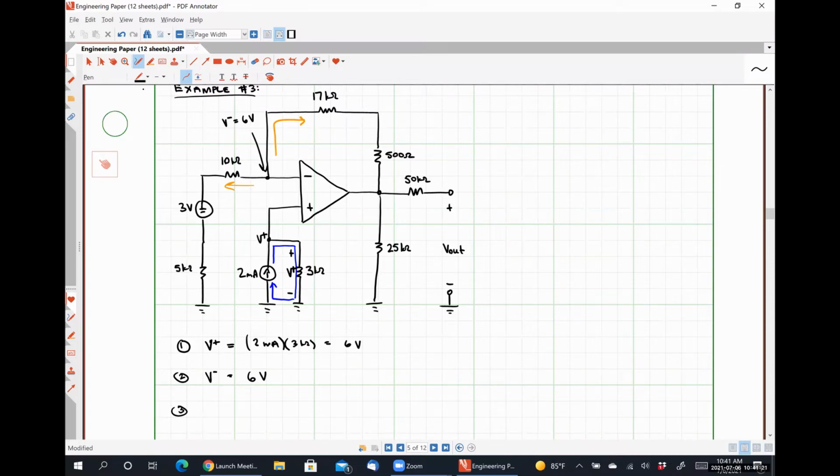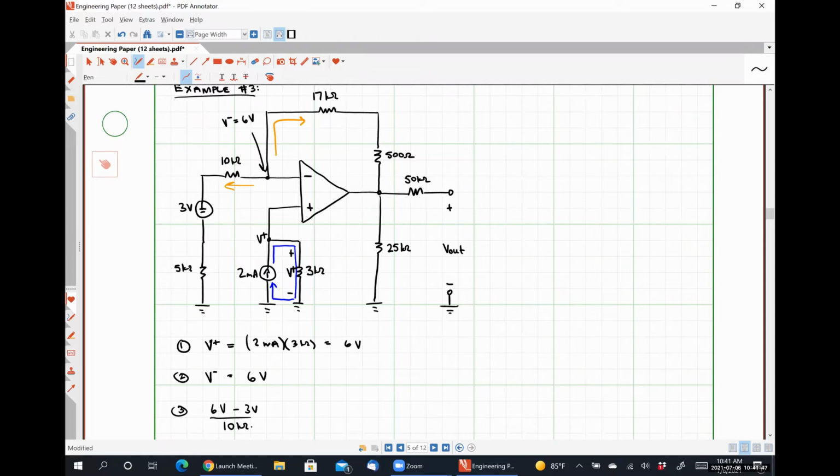You have 6 volts, 6 volts minus 3 volts over 10 kilo ohms plus, would you include that 5 kilo ohm resistor in the bottom? So there isn't a 5 kilo ohm resistor. There is a 500 ohm resistor and a 50 kilo ohm resistor. I'm talking about the one on the far left, right up under the 3 volts. Okay.